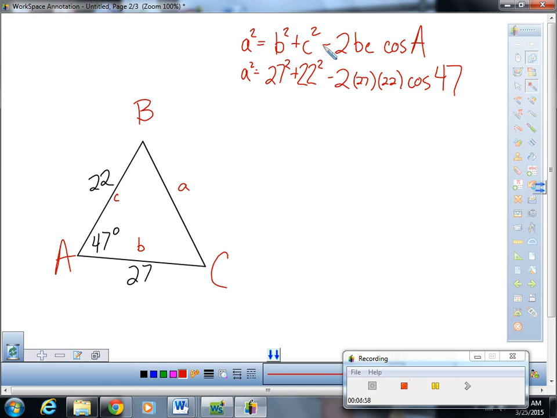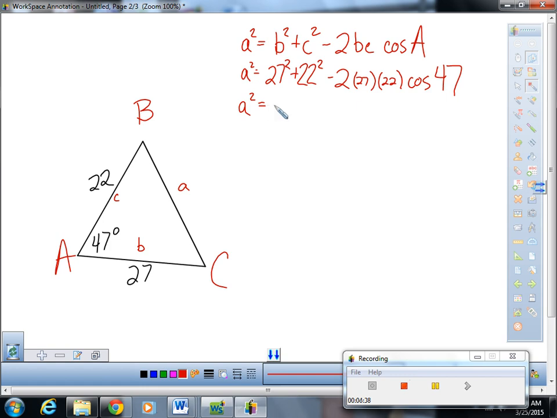All we have to do is learn how to type that into our calculator. Remember, that's going to give you a squared, so we have one more step. So here we go: 27 squared plus 22 squared minus 2 times 27 times 22 times cosine of 47.